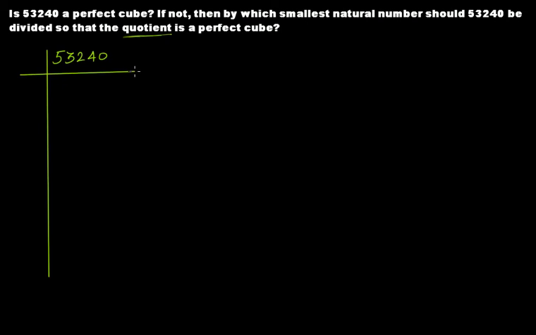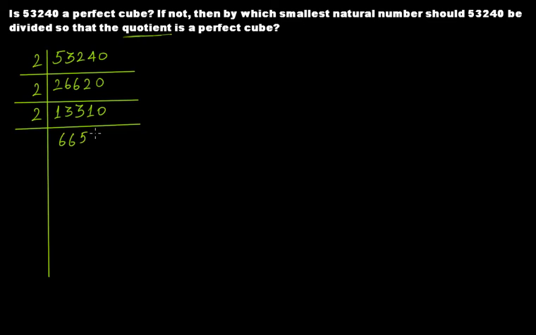So if you divide this by 2, then 2 6 12, 2 6 12, 2 5 10, 2 5 10, then 5.